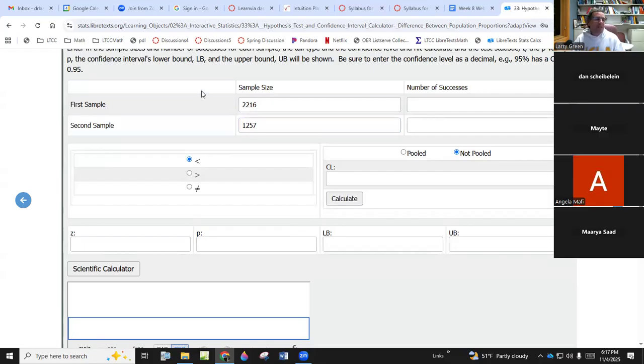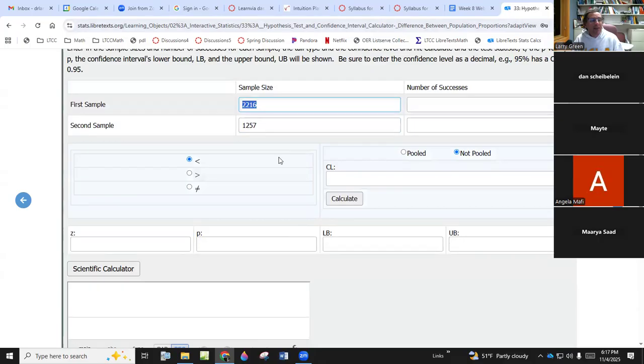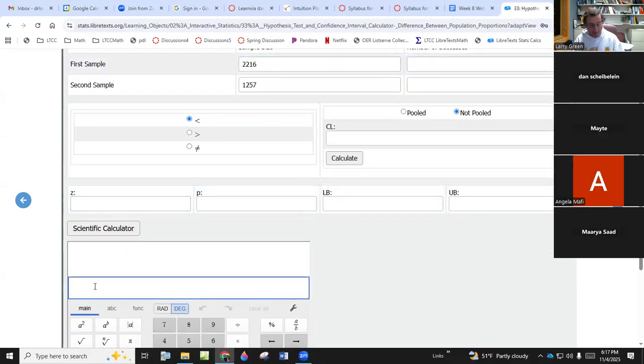Well, if they surveyed 2,216 people, and if 93% of them said yes, then we're going to take 2,216 and then we multiply by 93%, which is 0.93. And you always round to the nearest whole number, by the way, because you can't have 2,060.88 people say yes. So it's 2,061.